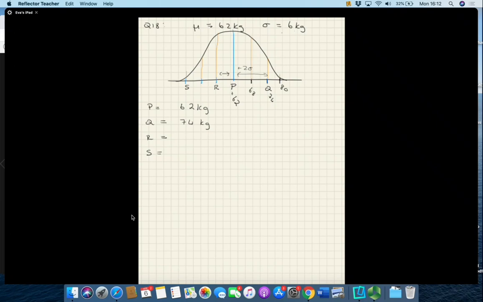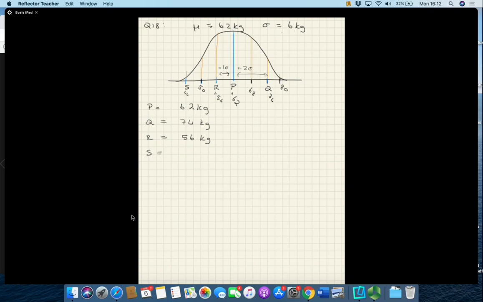R then is down 1 standard deviation. So take 6 away from 62 and you get 56. This unmarked spot here then is 6 less, so it's 50, and S then is 44. So R is down 1 standard deviation, so it's 62 minus 6, so it's 56 kgs.